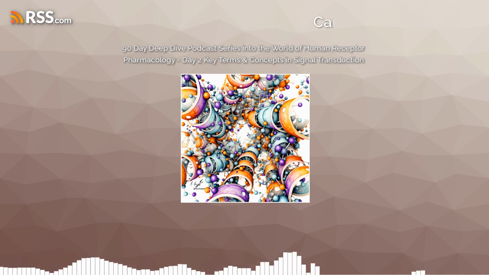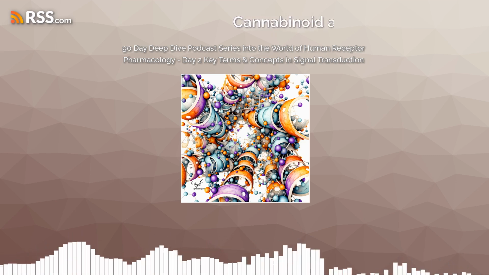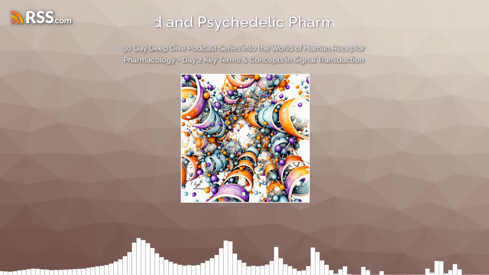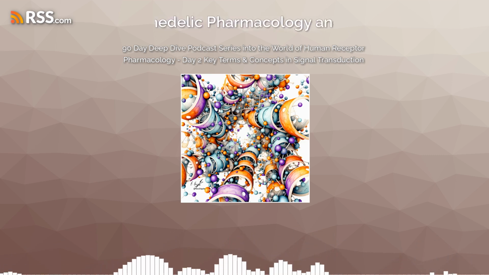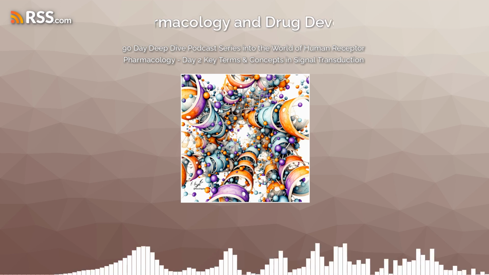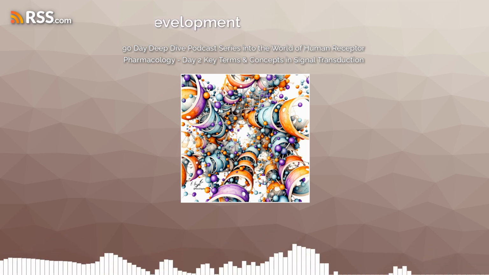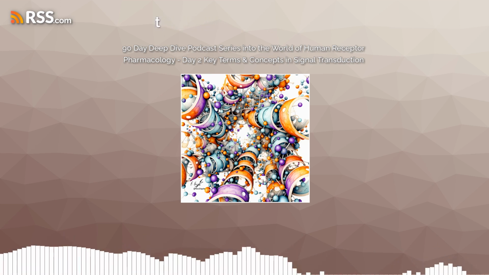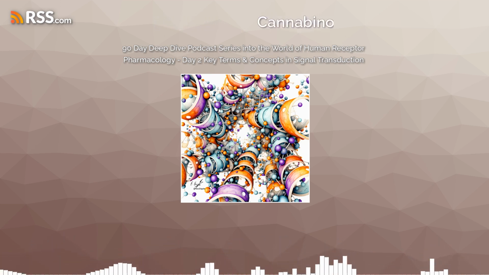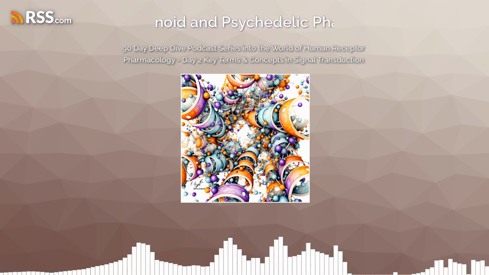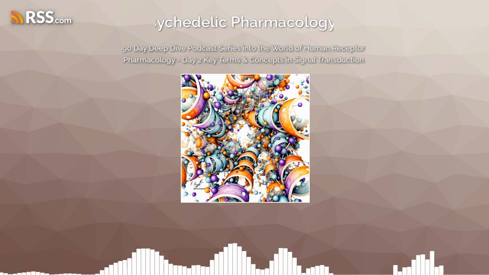So it's like two receptors joining forces. They become greater than the sum of their parts. Exactly. Dimerization can change how those receptors bind to ligands, how they signal, even how they're trafficked. Wow. So that's adding a whole other layer of complexity to this intricate receptor dance. Yeah, absolutely. And research on dimerization is really opening up some exciting new avenues for drug development.